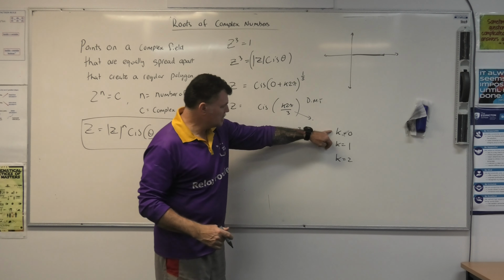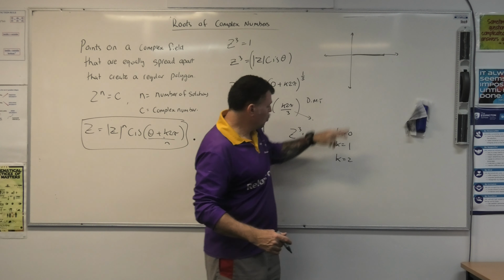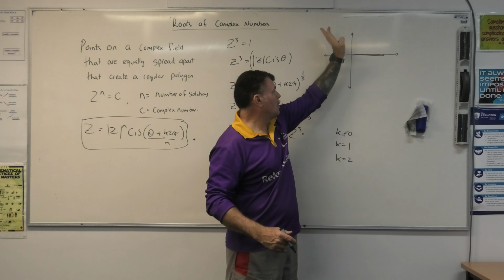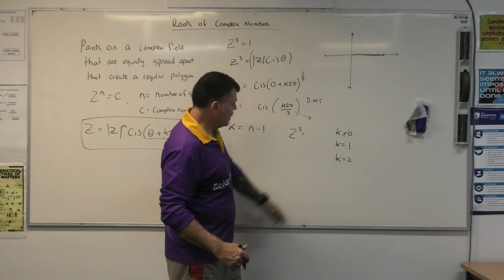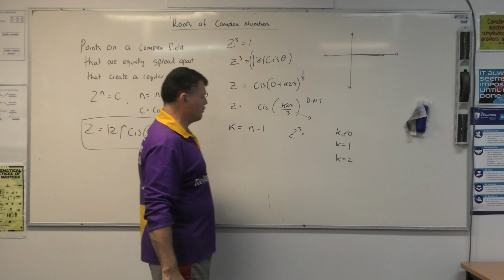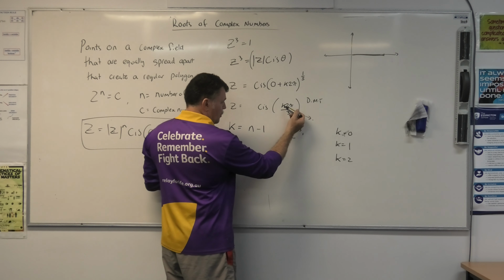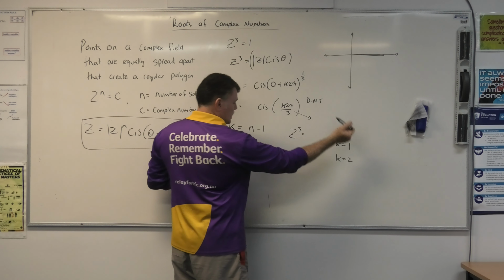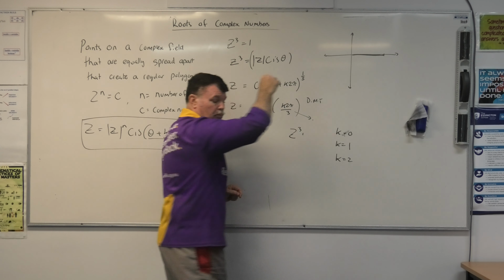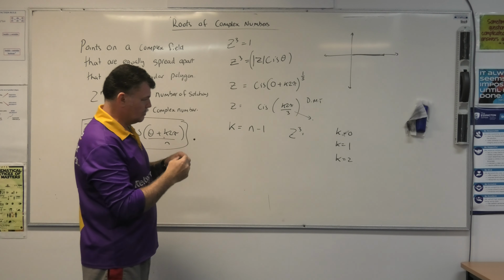0 being the initial position, 1 being a movement of 2 pi on 3, and 2 another movement of 2 pi on 3. So I'm going to replace the k with 0, with 1, and with 2, and get my coordinate points that sit on that unit circle.